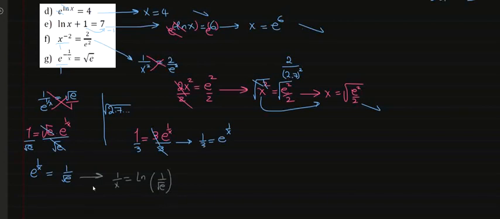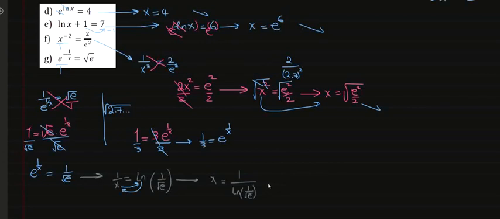And then simply, if 1 over x is equal to this, then x equals what? 1 over ln of that thing. We make the cross multiplication also, or we replace these two terms. X goes here and the ln of that thing goes there.